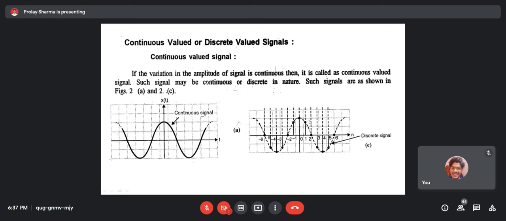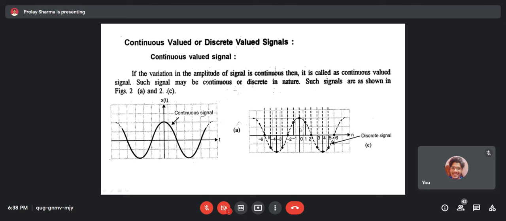A discrete signal consists of some discrete numbers, while a continuous signal carries huge information: at every time instance we have a value, so enormous information is present in the continuous signal.